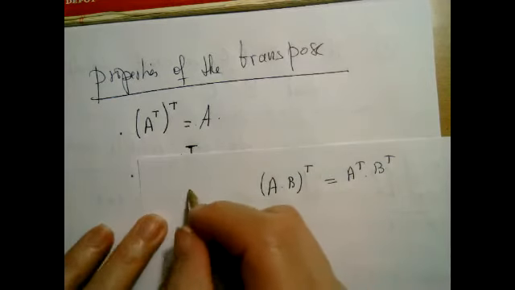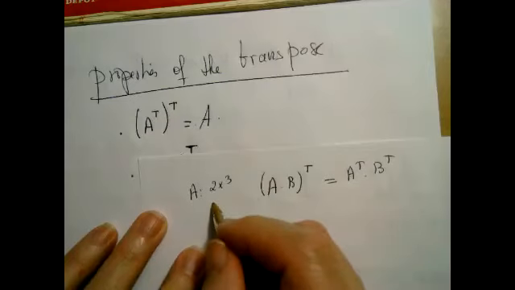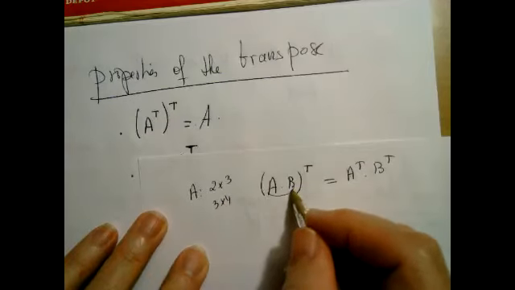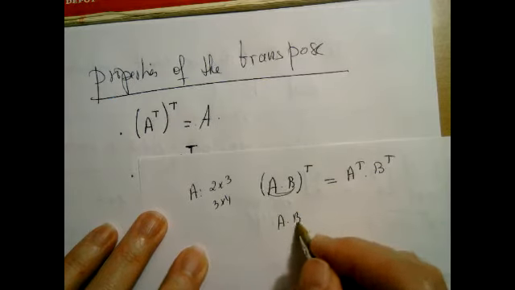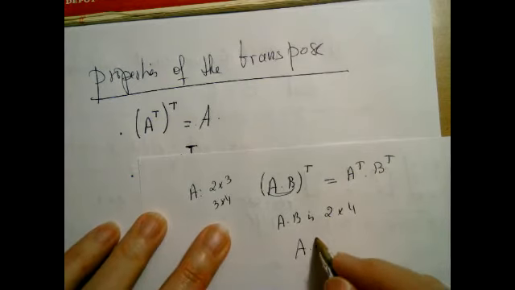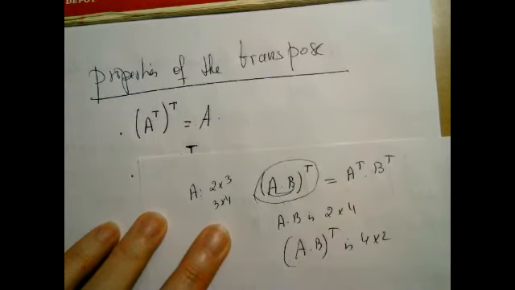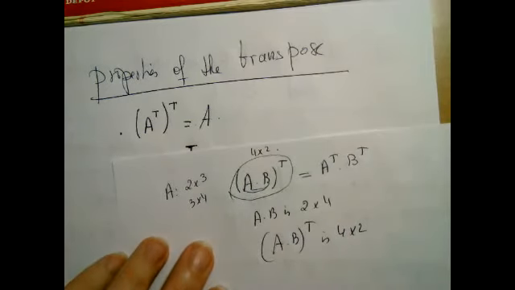All right, suppose A is 2 by 3 and B is 3 by 4. A times B will be 2 by 4. So the transpose is 4 by 2. Now what's the problem?